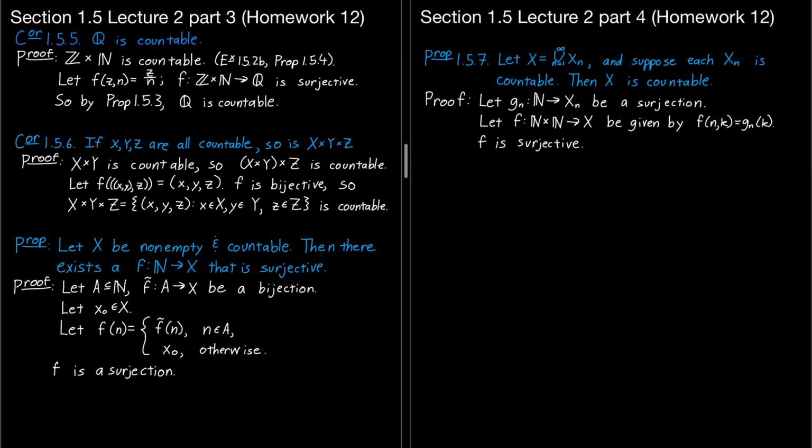And the natural numbers cross themselves, that is a countable set. And so by proposition 1.5.3, X is countable.